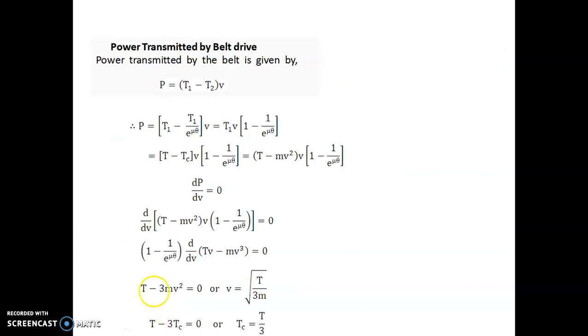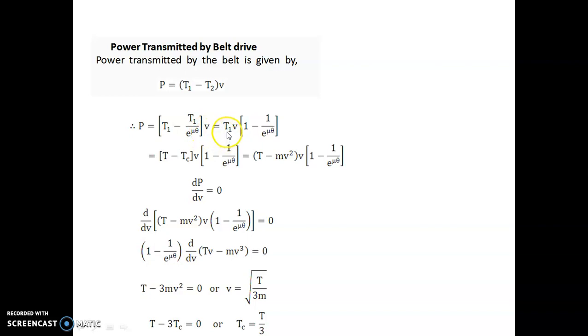The power transmitted by a belt drive is given by the difference in belt tension on either side of the pulley into velocity. Now power is equal to (T1 minus T2) into V. The value of T2 is T1 upon e raised to μθ, from the limiting tension ratio.